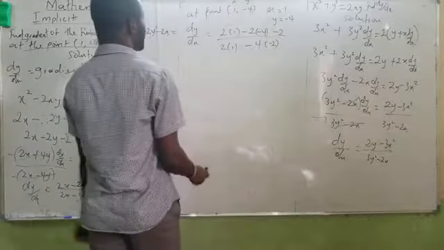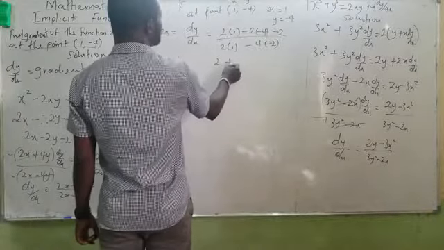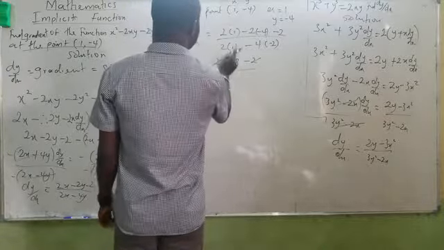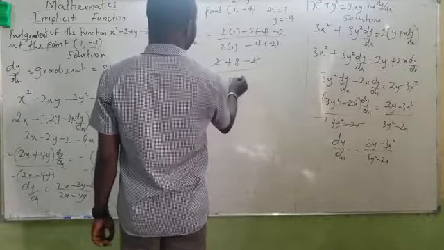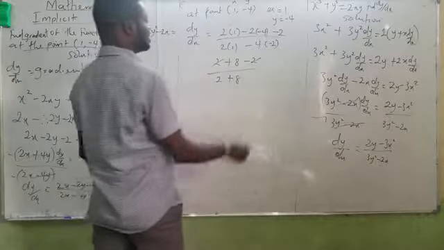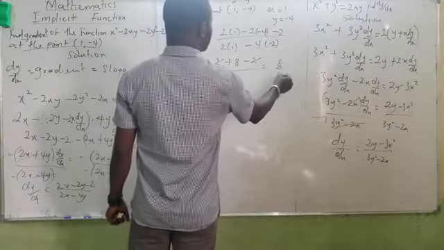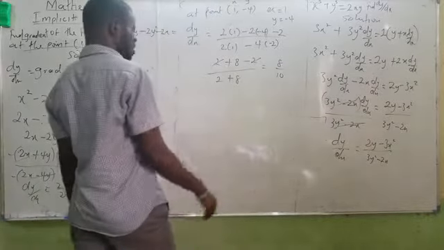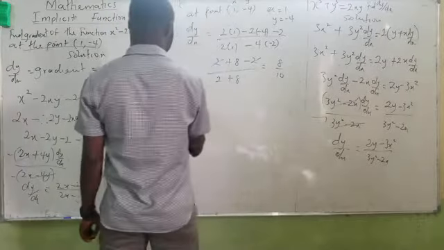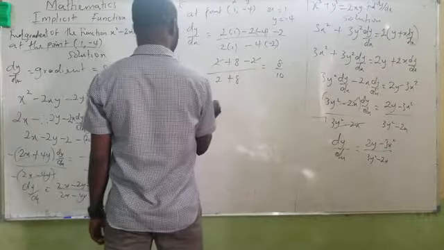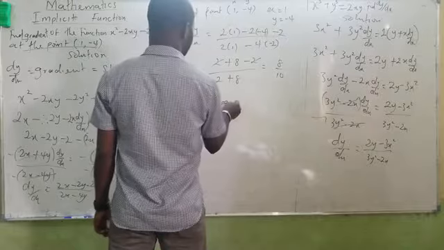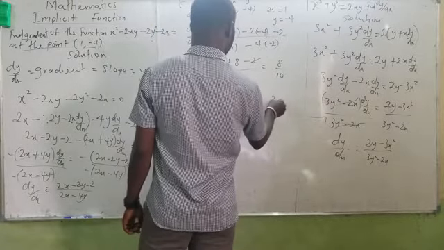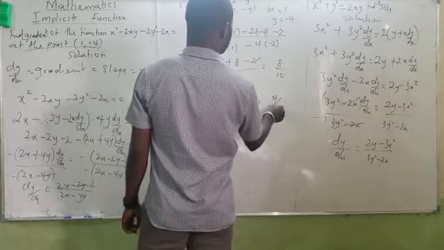Now, I will be having 2 plus 8 minus 2, which will cancel themselves, divided by 2 plus 8, which will be 10. That will be 8 all over 10, which is equal to 4 all over 5. dy/dx, which is called gradient, is 4 all over 5.